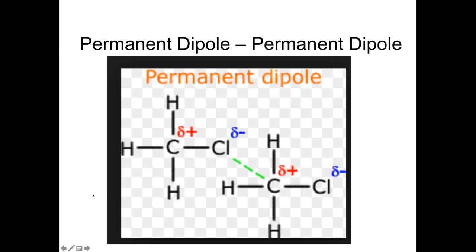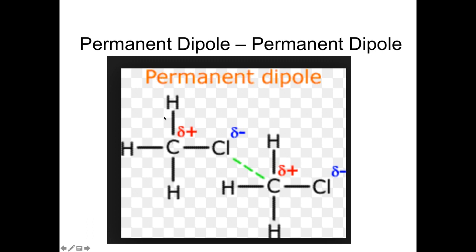And there's different types of dipole interactions. So permanent dipole means what it states. If you look at this molecule, we have three hydrogens and a chlorine attached to a carbon. The chlorine will be more negative. The carbon's going to be more positive. And then this carbon here, in this other molecule, will be positive. And this is a permanent polarity.